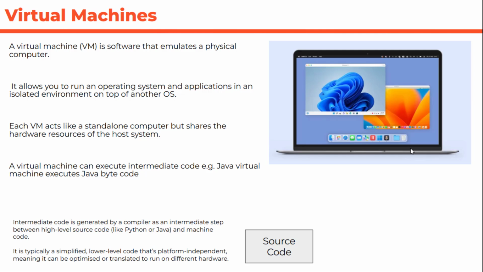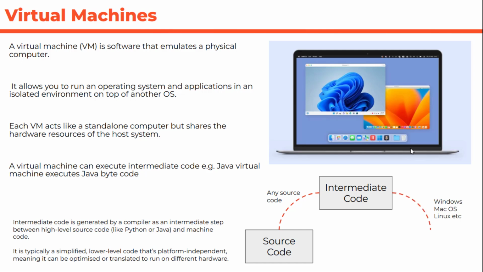We take source code, we then turn it into intermediate code. Intermediate code can be compiled into any designated architecture we want. So if I want to translate it into a Linux architecture, a piece of software will do that for me. Or if I wanted to translate that into a Windows architecture, again, my piece of software will do that for me.